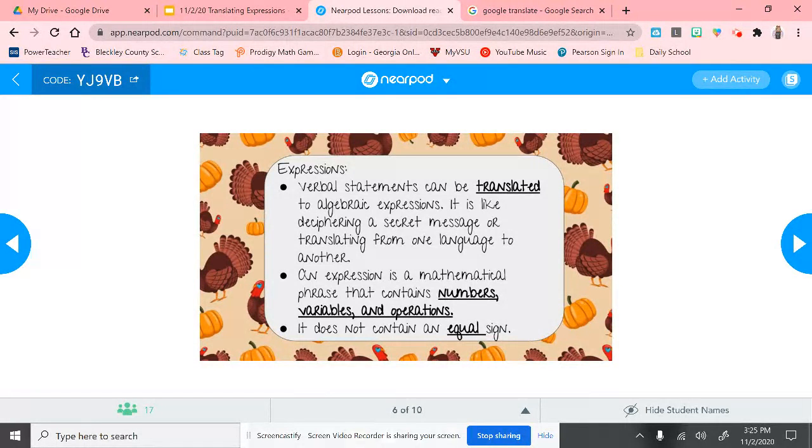So these need to go on your reference sheet that has the plus sign and the minus sign and the division and multiplication sign. These go on your reference sheet. More than, less than, added to, subtracted from. Those are important. And you're going to see in just a minute why they're important.